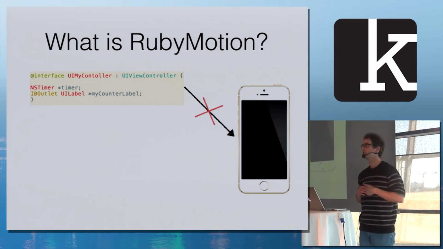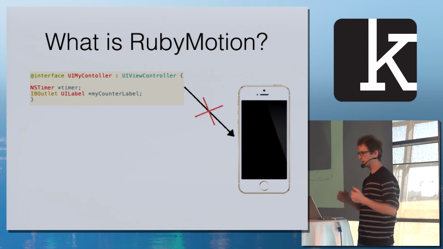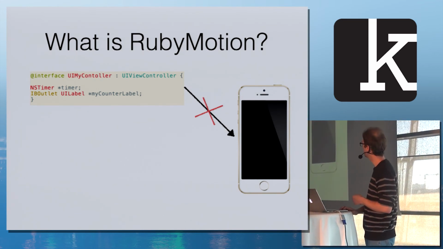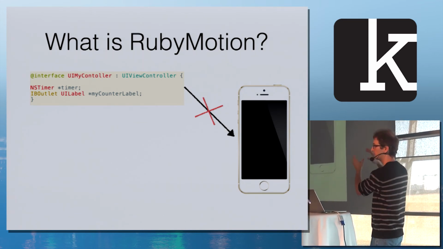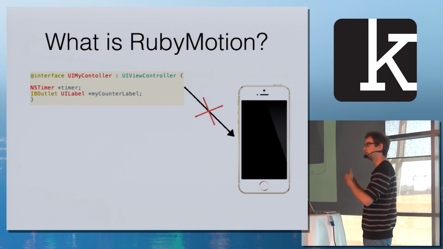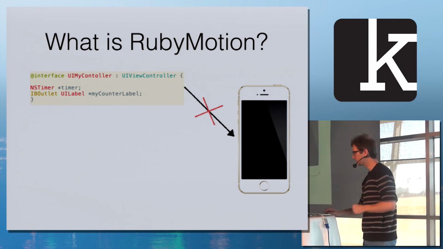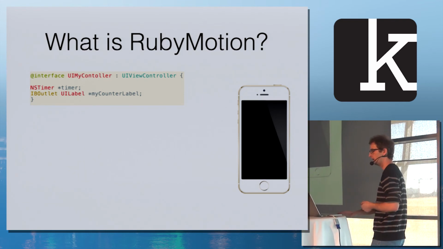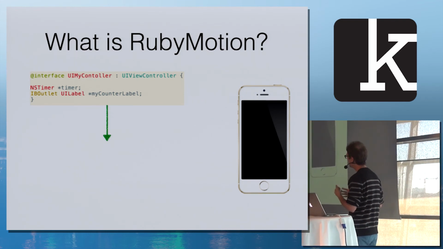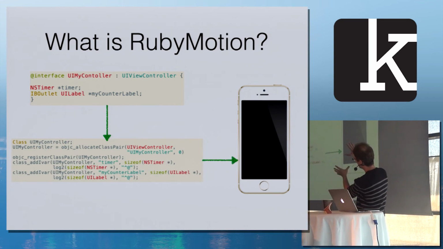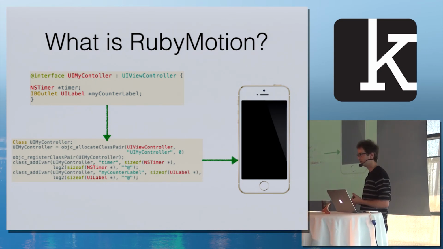Because what happens when you compile an Objective-C project is that the compiler turns Objective-C into C function calls. And the Objective-C runtime is this collection of function calls that are used to do everything that you expect Objective-C to do. Right?